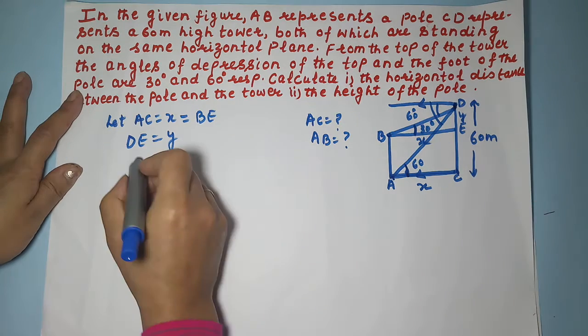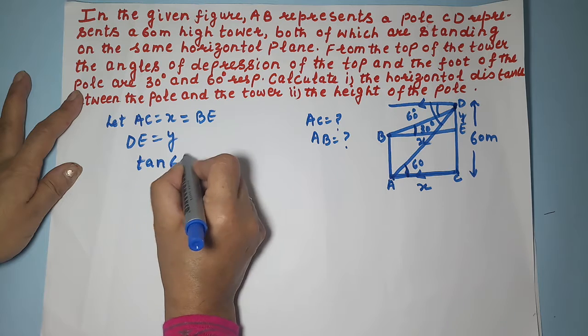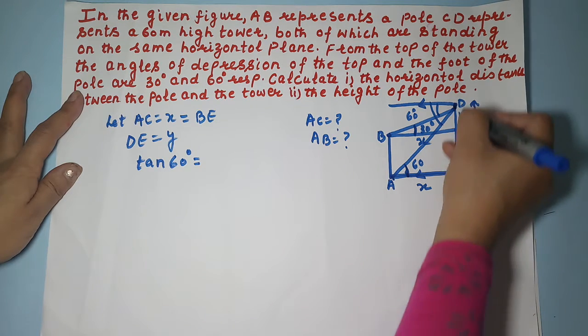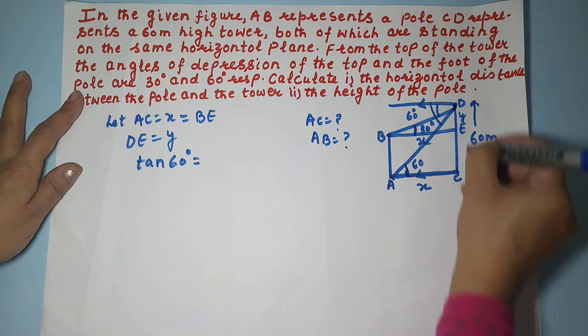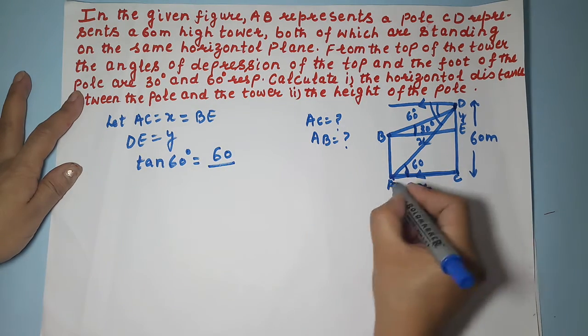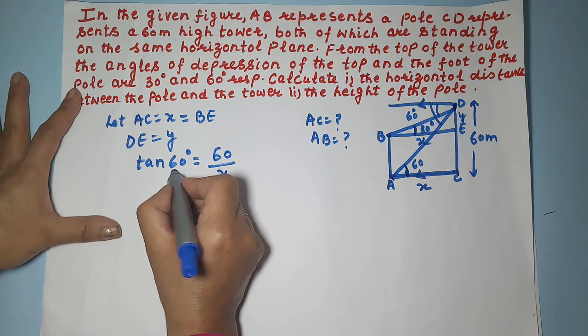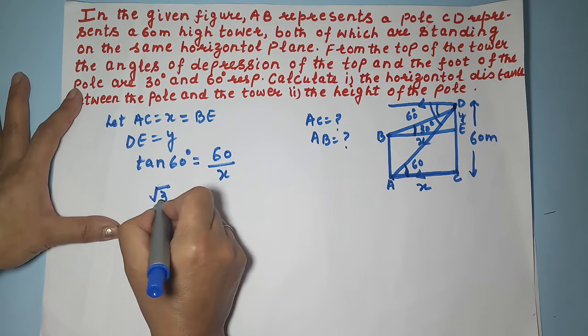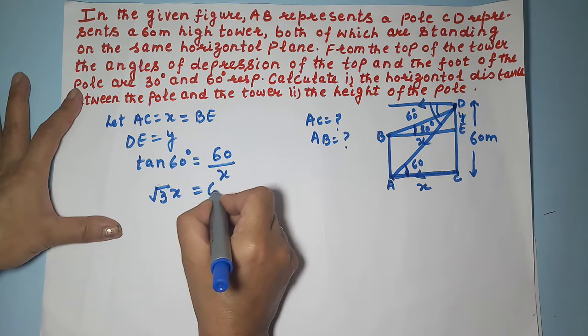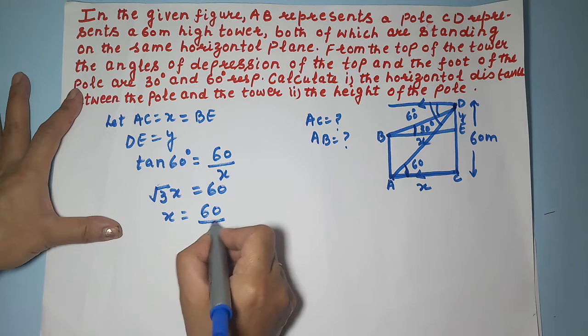In this triangle, tan 60 will be equal to CD, which is 60, upon this AC distance, which is X. Now we know that tan 60 is root 3, so root 3 X is equal to 60. So your X is 60 upon root 3.